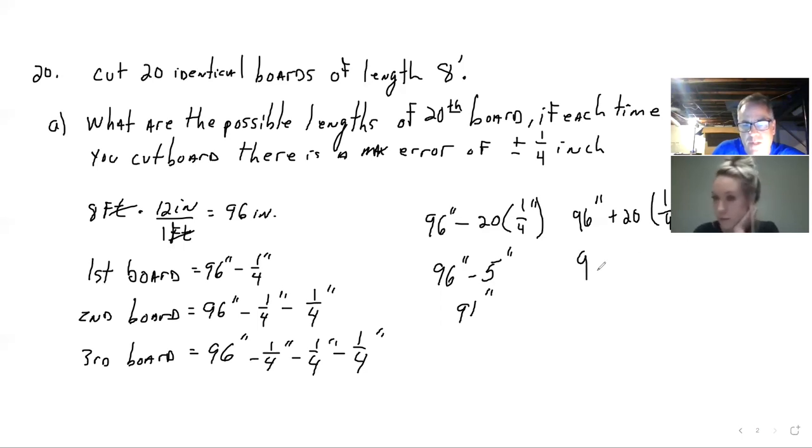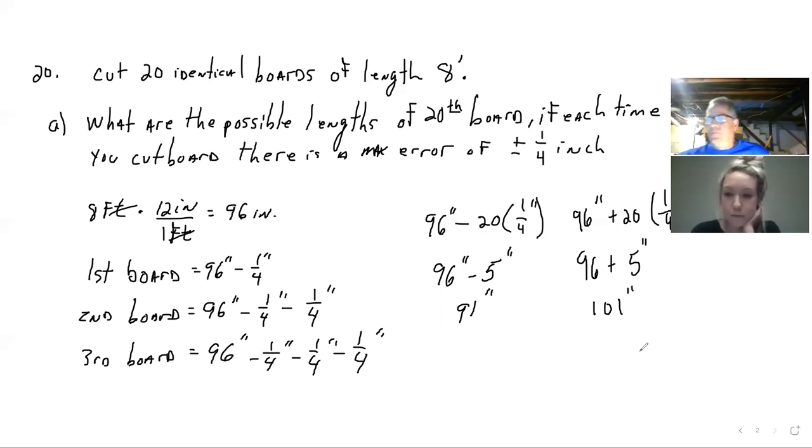So that would be 96 plus 5 inches, which would be 101 inches. So the 20th board could be, with the max error, anywhere from 91 inches to 101. And that answers part A.